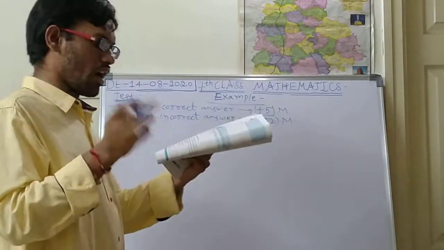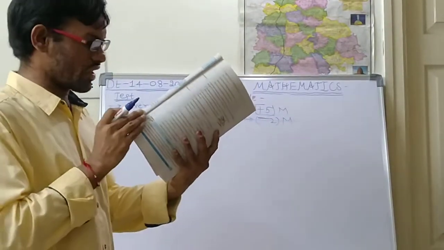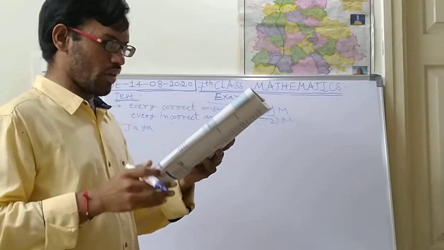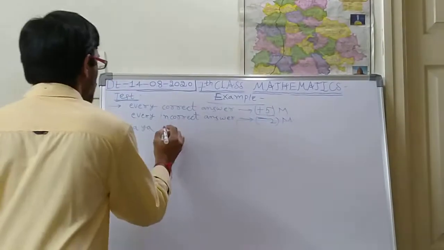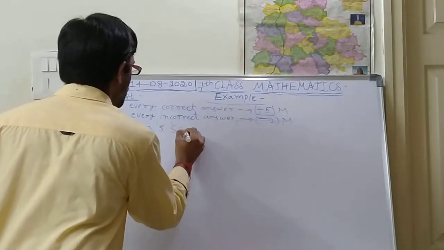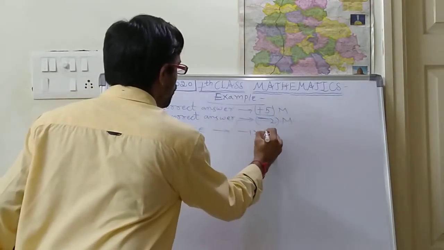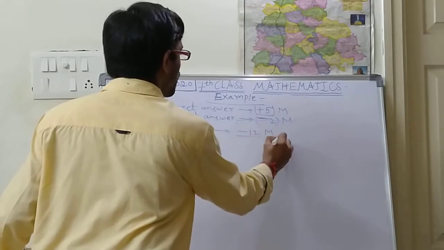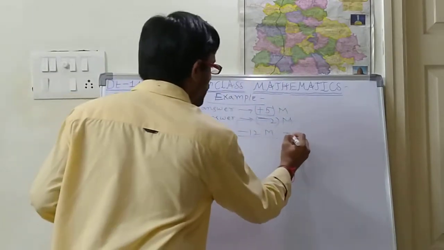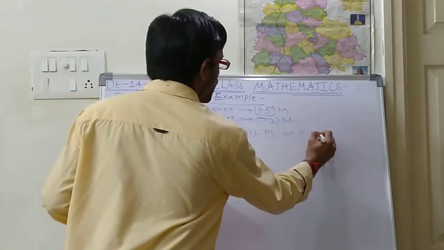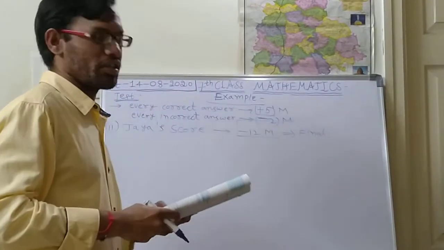So Jaya also answered all the questions and scored minus 12 marks. What is Jaya's score finally? Minus 12 marks. So she got marks in the negative. This is the final marks. So total marks she got is minus 12.